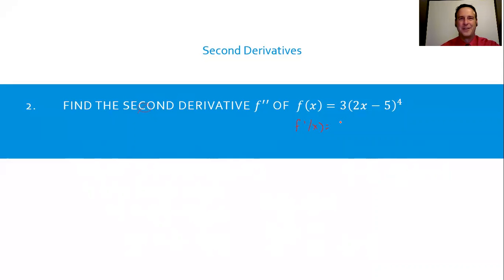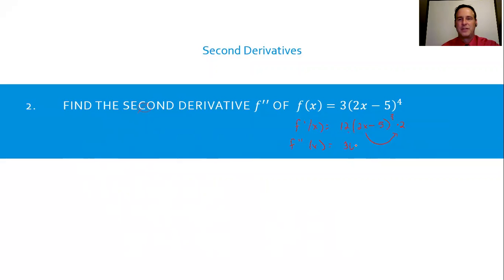I don't think I have to do this. I think we've done these before. This is from another lesson. Let's just do it for fun. This is 12 times 2x minus 5 to the third, times 2. All right, and we'll keep going. This is the next derivative. So let's move this 3 out front.